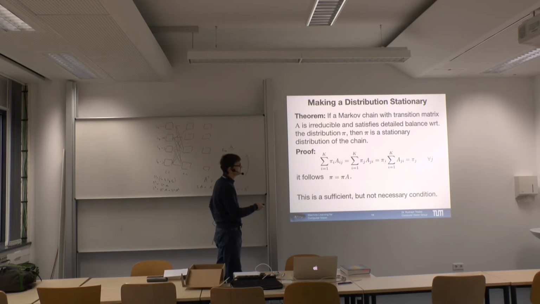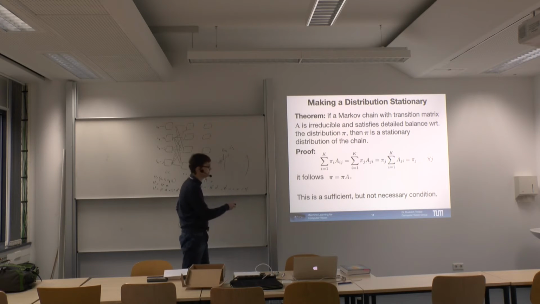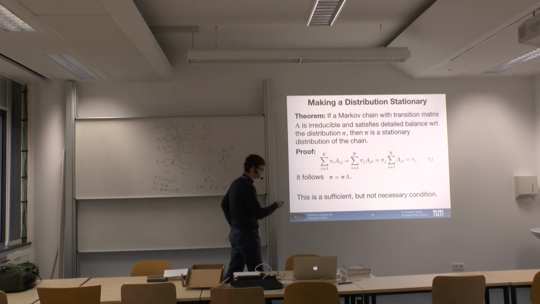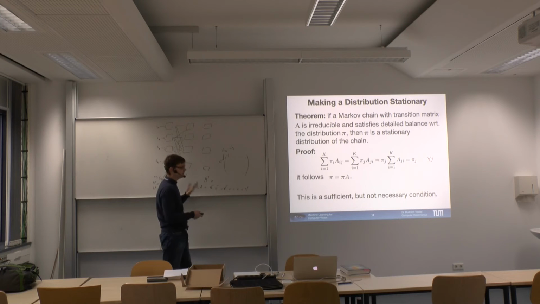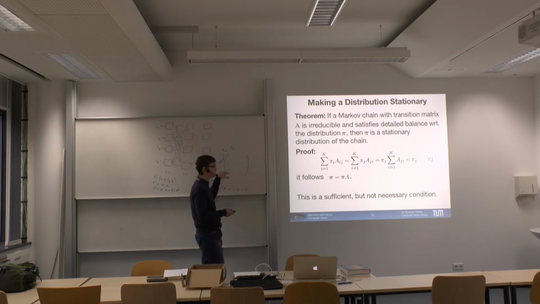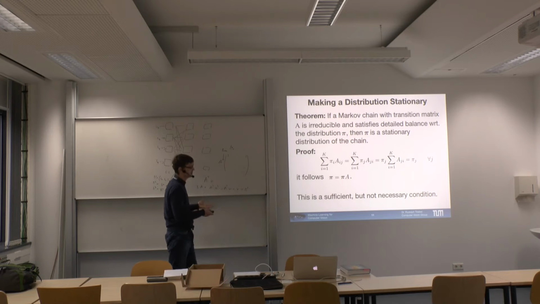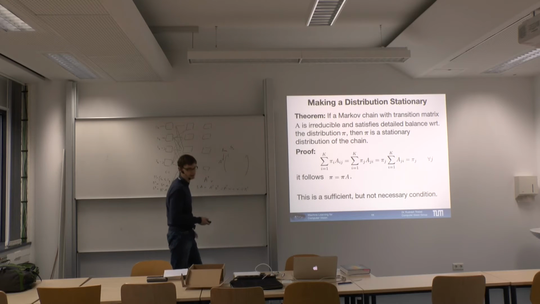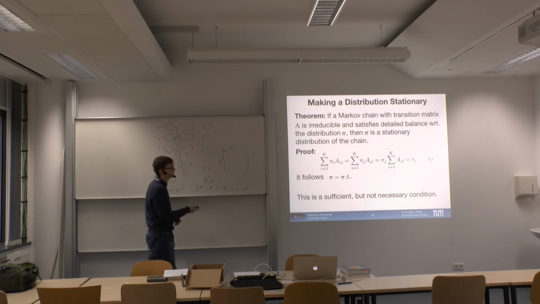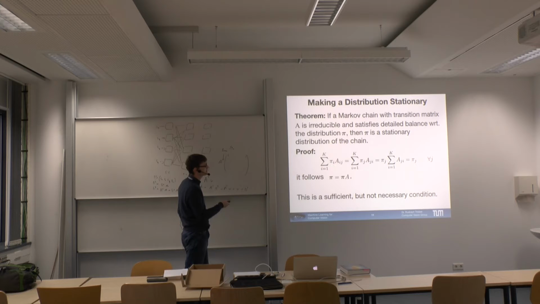Then the interesting thing is I can now pull out pi j in front of the sum, because it's independent of the sum. And here I'm summing over the column, but I transpose A, and we know that A is a stochastic matrix. That means the sum over the column of the transpose must be 1, because this is basically the row of A. Here I'm summing over the row of A, and this is 1. So in this case, it directly comes out of the definition of detailed balance.